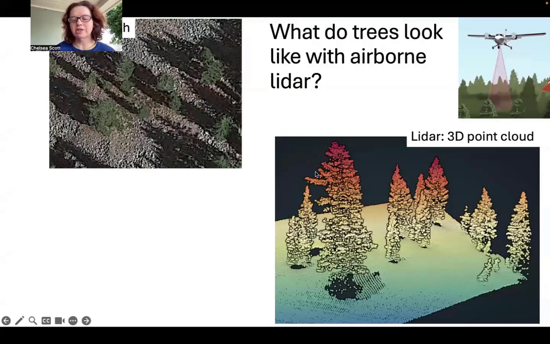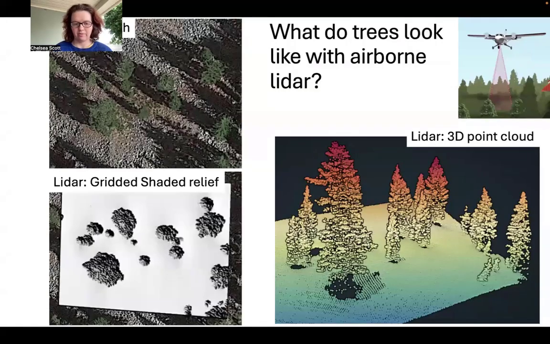Each dot is a return of the laser pulse, where we have a highly accurate measurement of the tree structure and the ground surface. Each of these features here is a tree, and with LiDAR, we can get very high resolution recordings of that tree structure.